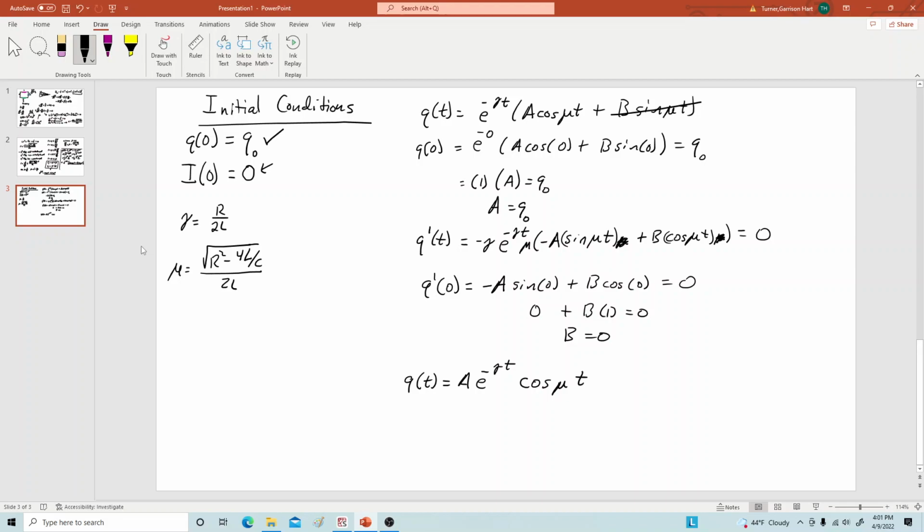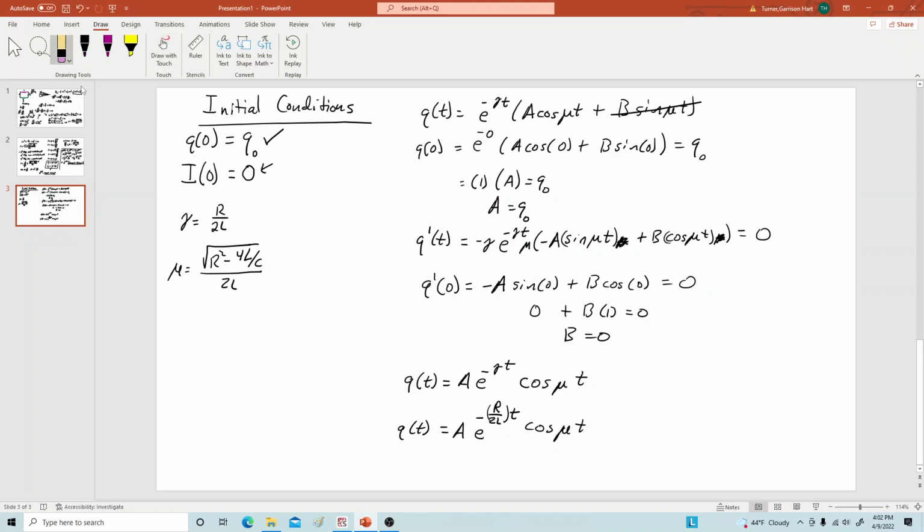And I won't reinsert the mu here because that's kind of long and convoluted, but this is going to be a times e to the negative r over 2l t times the cosine of mu t. Okay? So this is your general solution. Oh, we've already said that a is q naught, right?